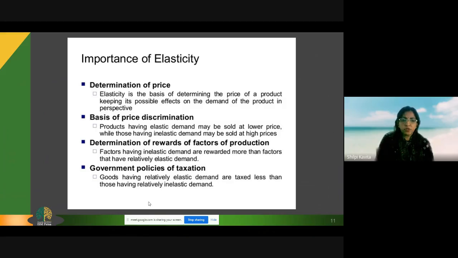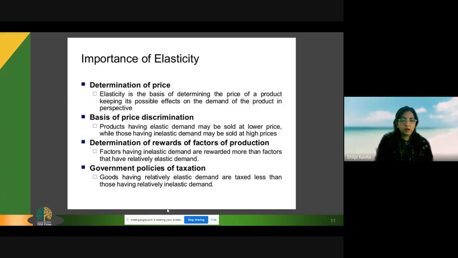The rewards of factors of production are also decided by the elasticity of demand. Factors having inelastic demand are rewarded more than the factors that have relatively elastic demand. If there is a huge amount of labor in the economy, they are going to have an elastic factor price. They'll even give lower wages to them and they'll be readily accepting that because it is having elastic demand.